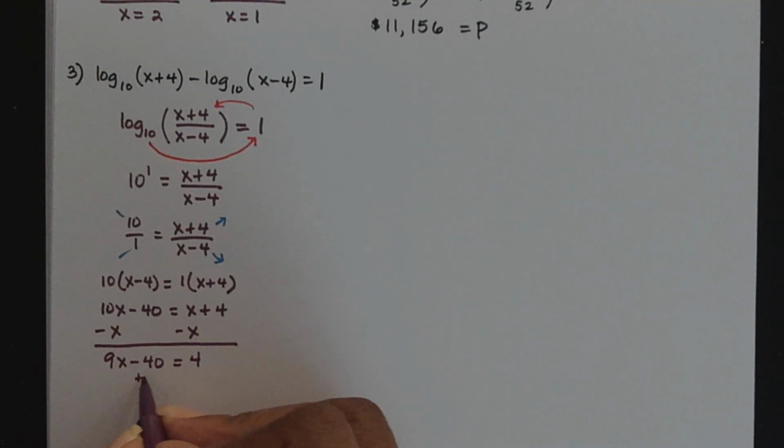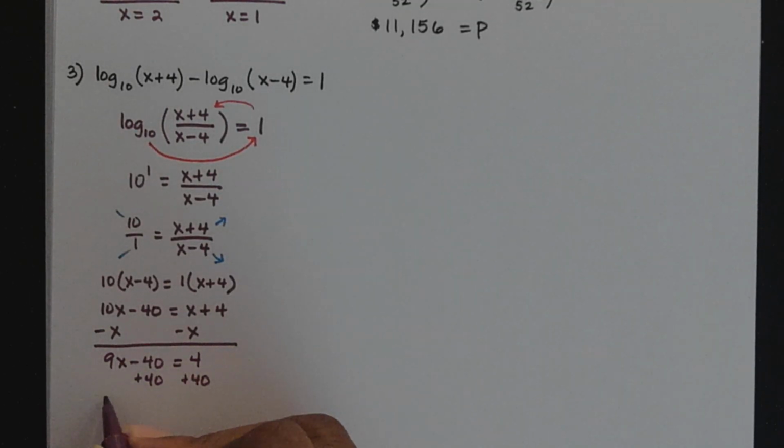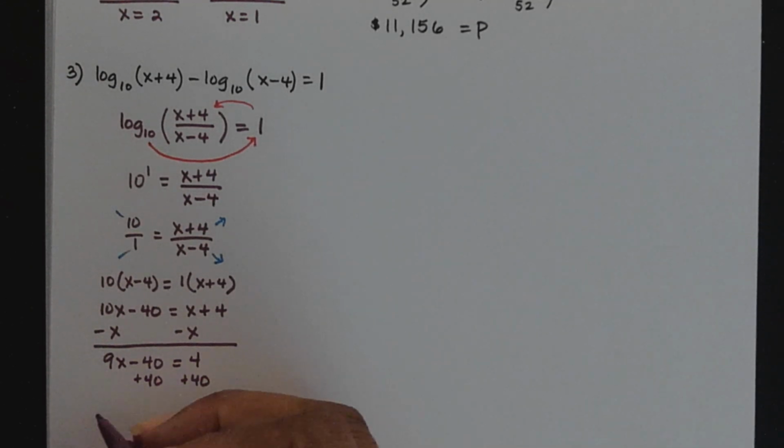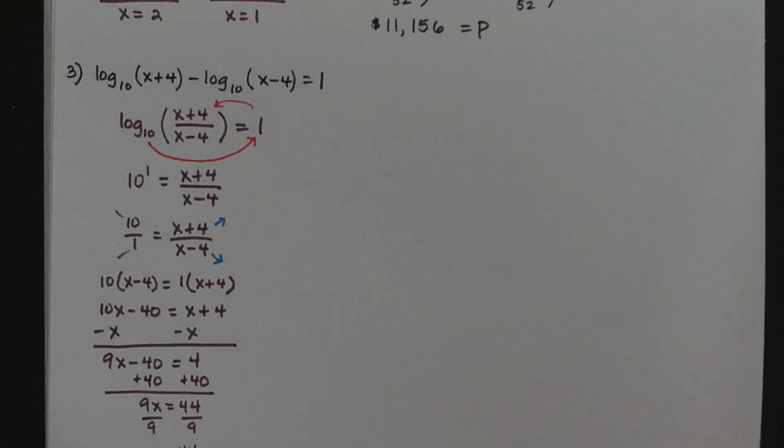And then to get 9x by itself, we add 40 to both sides. So 9x would be equal to 44. Then divide by 9, and I will leave this as an improper fraction. x equals 44 over 9.